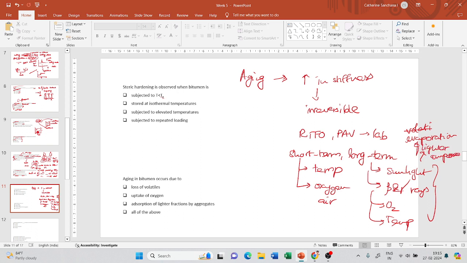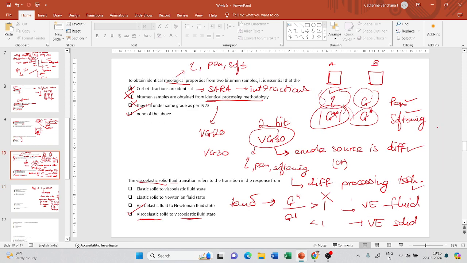This is also irreversible, right? Because your components have been evaporated. Then it could be oxidation, in the presence or absence of sunlight.